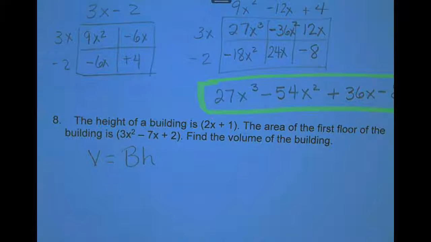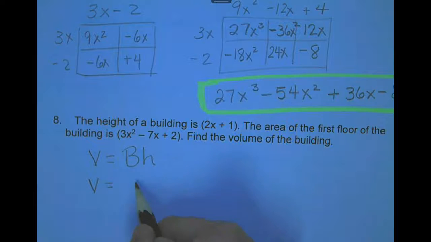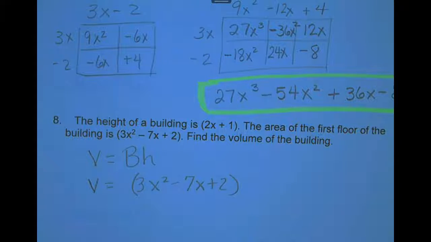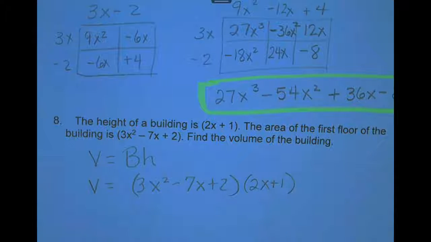Capital B stands for the area of the base. And it tells you that this is 3x squared minus 7x plus 2 is the area of the first floor, which would be the base of the building, times the height. Now, we are not going to work that out, but could you set up the box problem to work that out?